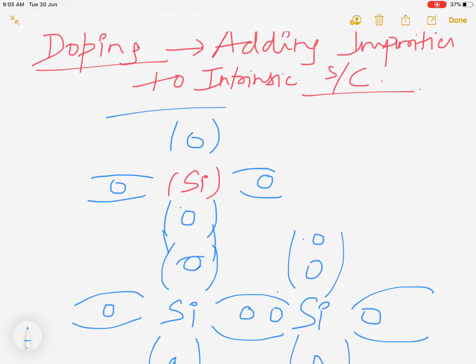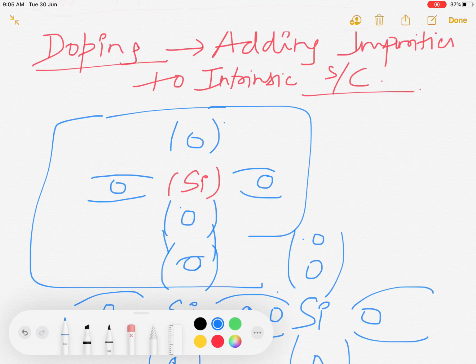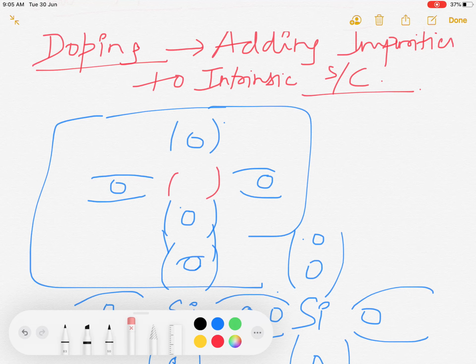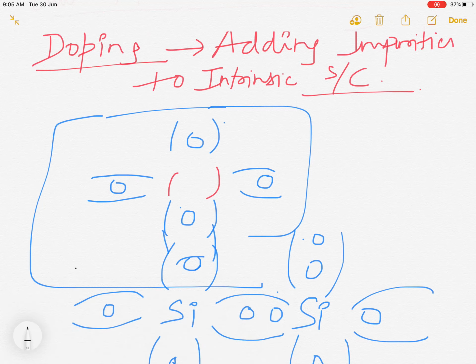Now if we replace this silicon atom with some impurity, right? If I replace this with arsenic, okay, so arsenic has 5 electrons in its outermost shell.